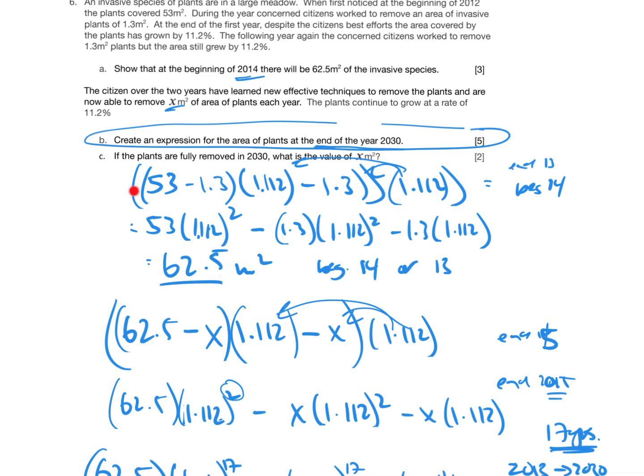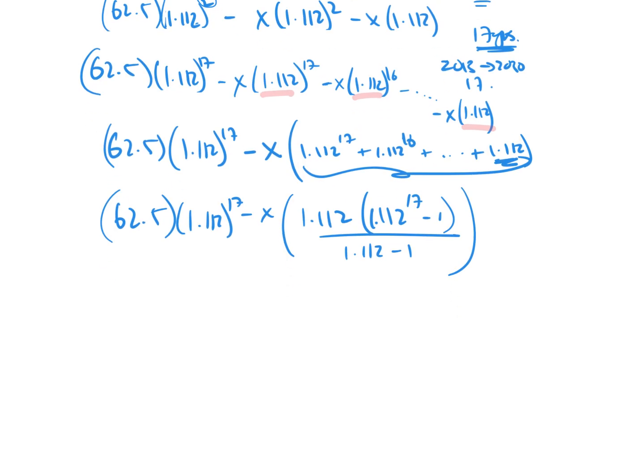If I now come along and say all the plants are fully removed in 2030, what's the value of x? Well, if that is what I'm working on, I have to recognize that when I add and subtract this part, this has to be equal to 0.